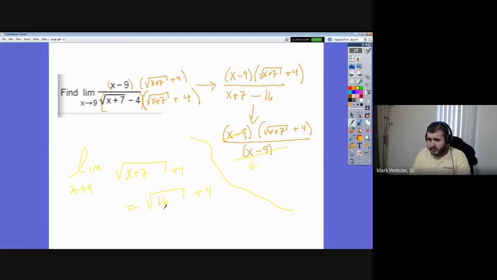Can I take the square root of 16? Sure I can. Right? And there's the whole thing. So once again, just like before, by doing a little bit of algebraic manipulation, here multiplying by the conjugate, we come out with a hole to cancel out so that we can just plug everything in and it's okay.